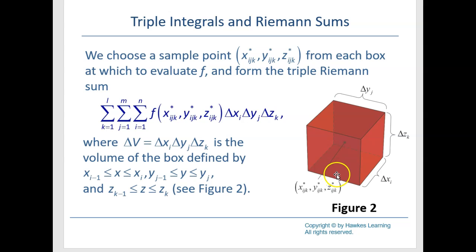Like when we had 2 dimensions, we had a rectangular base, delta x, delta y, and then we went up by the function height. Well, now we got delta x, delta y, delta z, and we're going into the 4th dimension by the output of the function. So this is the old base. Instead of area, now it's volume, and it's being sent to the 4th dimension by the function.